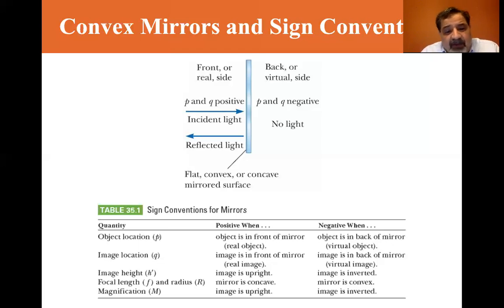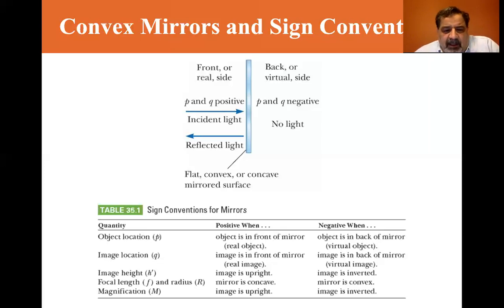The focal length F and the radius R are positive when the mirror is concave, and the magnification is positive if the image is upright. P is negative when the object is in back of the mirror, on the back side of the mirror. It's a virtual object. Q is negative when the image is in back of the mirror, the virtual image.